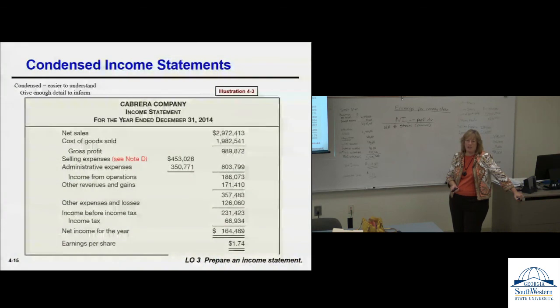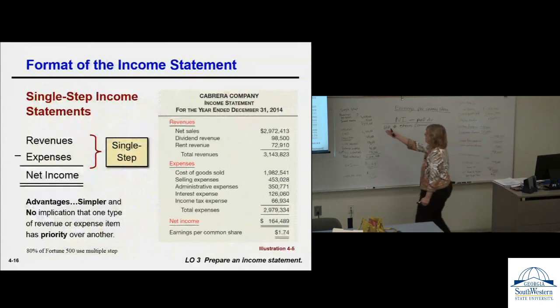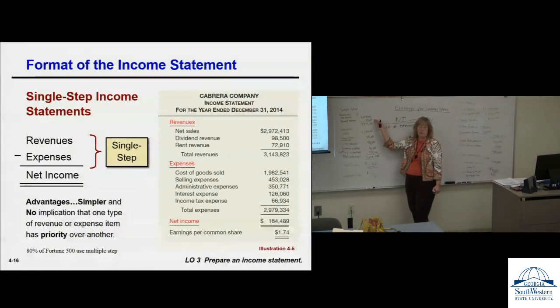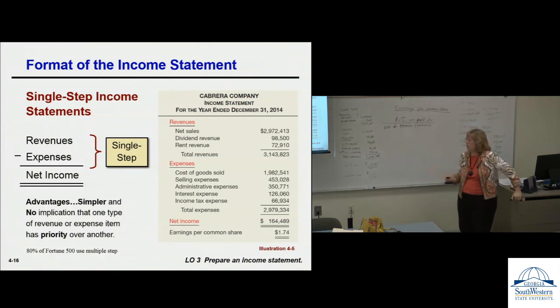Single step means that our single step is to take revenues minus expenses. This one is simpler, easier to do, and it seems to indicate that neither one of these expenses is more important than the other. On the other hand, the multi-step seems to indicate that this kind of sales is a better kind of sales than any other kind of revenue.